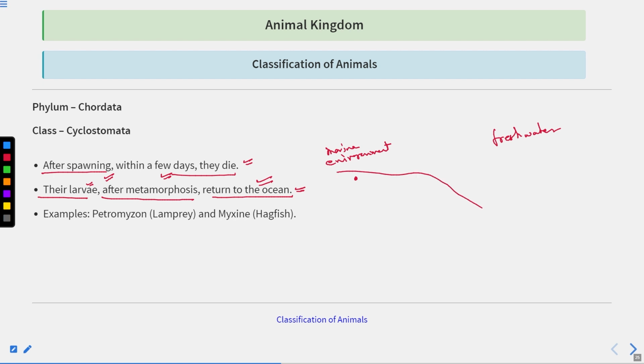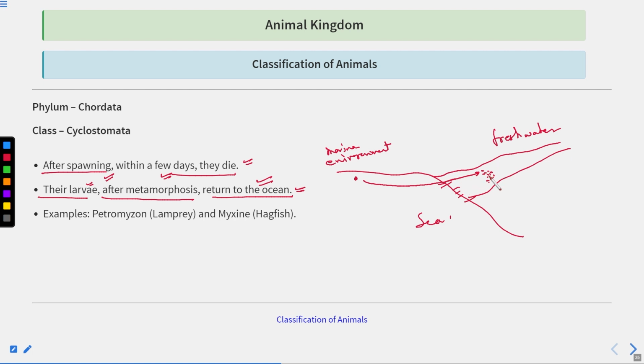We can see the sea here and the river coming and joining the sea. From the marine environment, the cyclostomes move here. They lay eggs here, spawning, and after the spawning, the larva comes out.